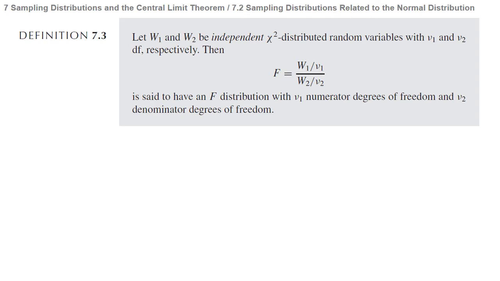Then the quantity F, which is chi-square divided by its degrees of freedom, divided by chi-square divided by its degrees of freedom, is said to have an F distribution with nu1 numerator degrees of freedom and nu2 denominator degrees of freedom.